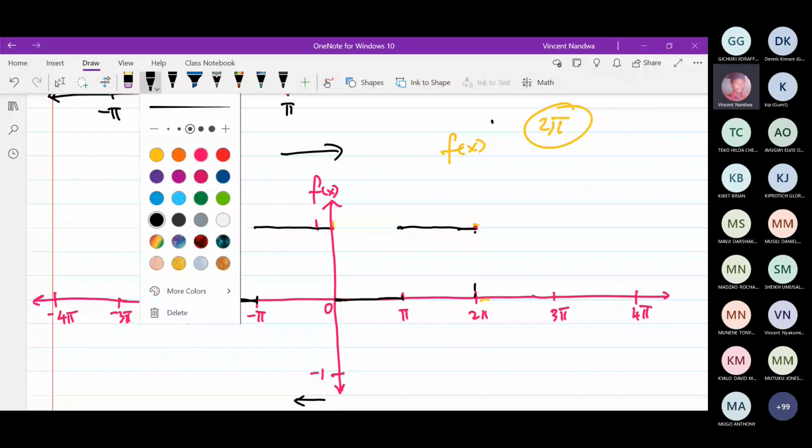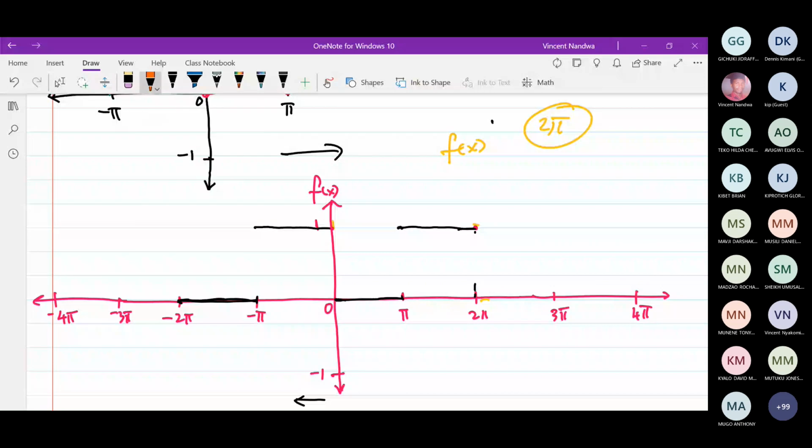So at minus 2 pi, where should I move so that I have moved 2 pi steps from where it is, if I'm going to the left? If I have to move to the left, then the point where I have minus 2 pi should be taken to which point?